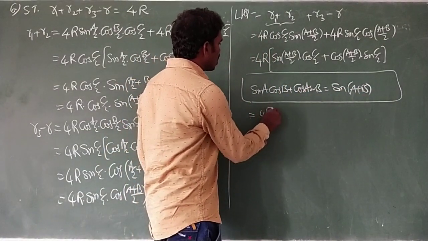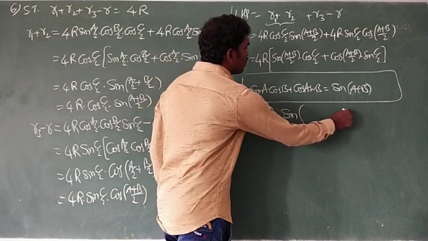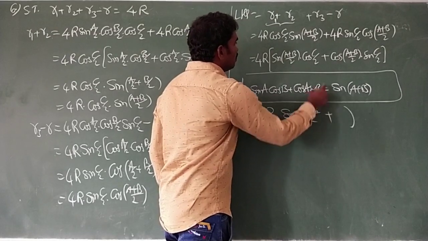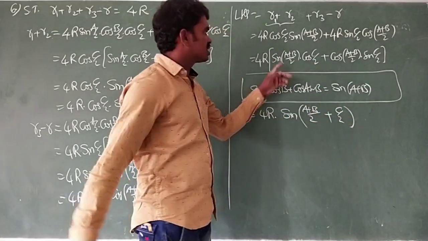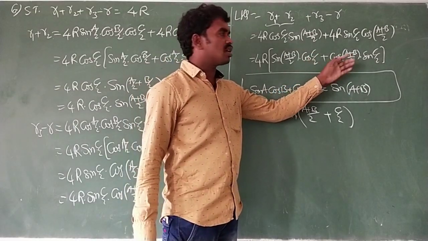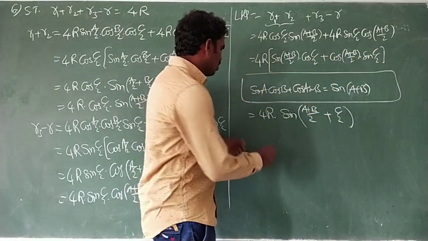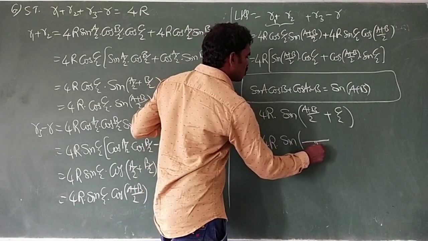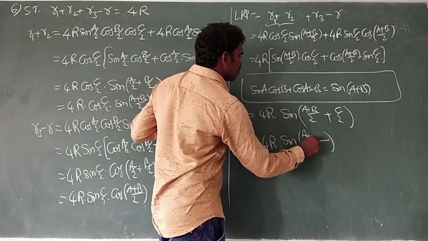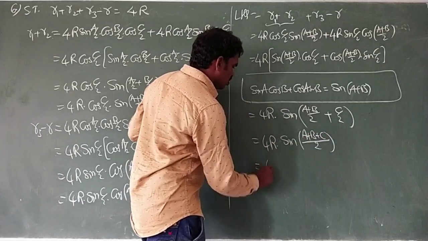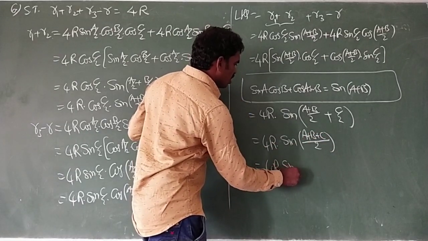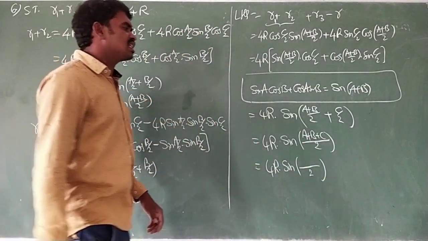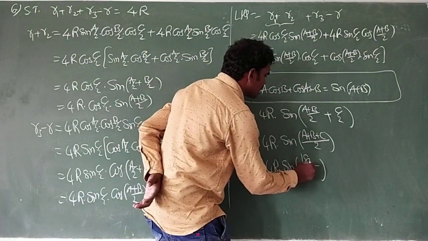So it is equal to 4R into sin of A plus B, where A means (A+B)/2 and B means C/2. The denominator rule is the same. In the numerator we can write A plus B plus C. So it is equal to 4R sin of (A+B+C)/2. A plus B plus C means what? The sum of angles in a triangle is 180 degrees. So A plus B plus C can be taken as 180.